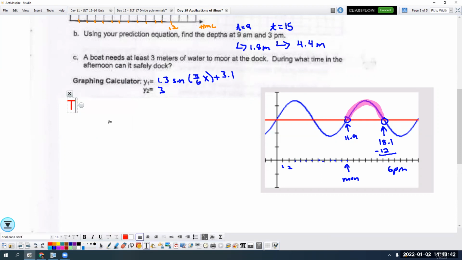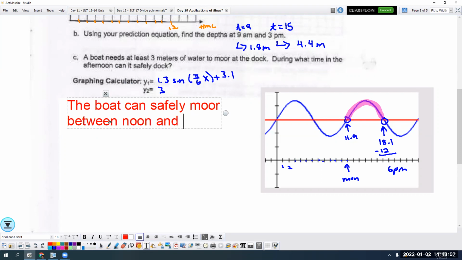Say, the boat can safely moor, I think that's the same thing as dock, between noon and 6 p.m. It's a little more than 6, like 6.1, but we'll just go with 6. 6 is good.